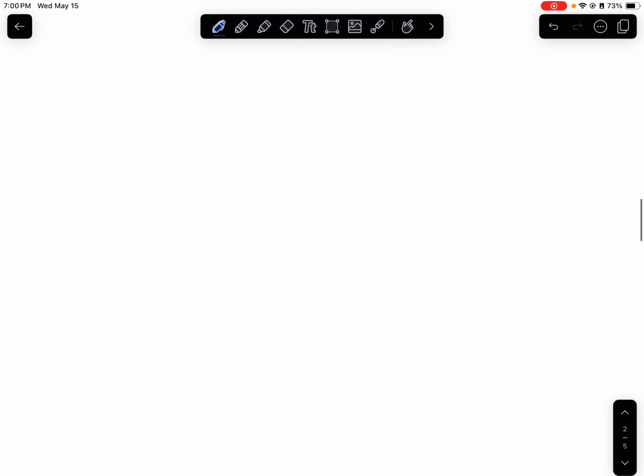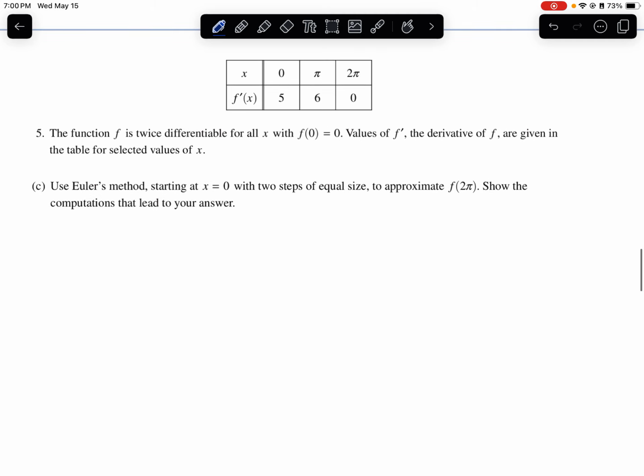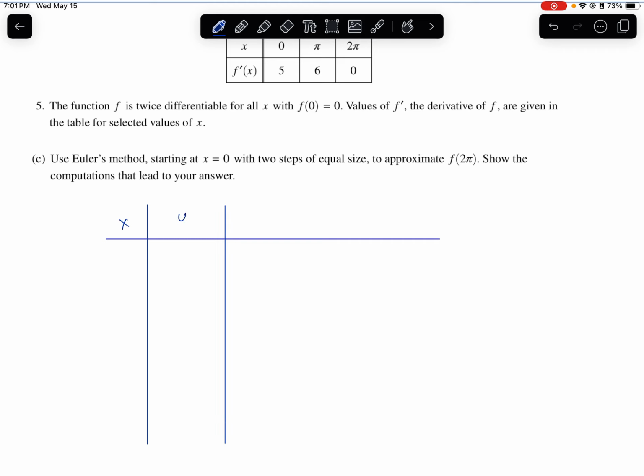Alright, just make sure I got everything there. Use Euler's method. Yes, they like using Euler's method on some free response questions. Starting with x equals 0, with two steps of equal size, approximate f of 2 pi, show the computations that lead to your answer. So usually how I teach Euler's method, when I set up my table, I'll have a column for x, a column for y, and then a column for dy/dx times delta x plus y.